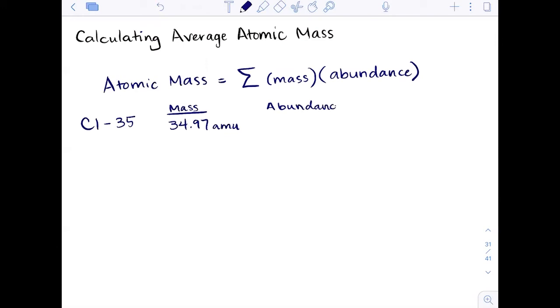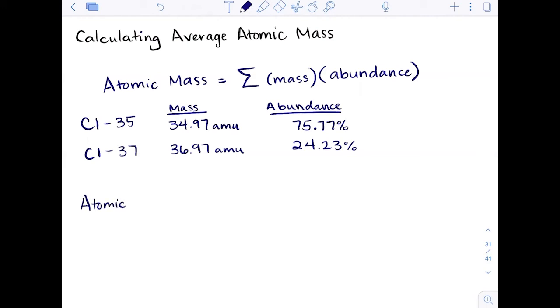And the abundance, or the isotopic abundance, which is always given in a percentage, 75.77%. Now, chlorine 37 is also an isotope of chlorine. It has a mass of 36.97 AMU and an abundance of 24.23%.